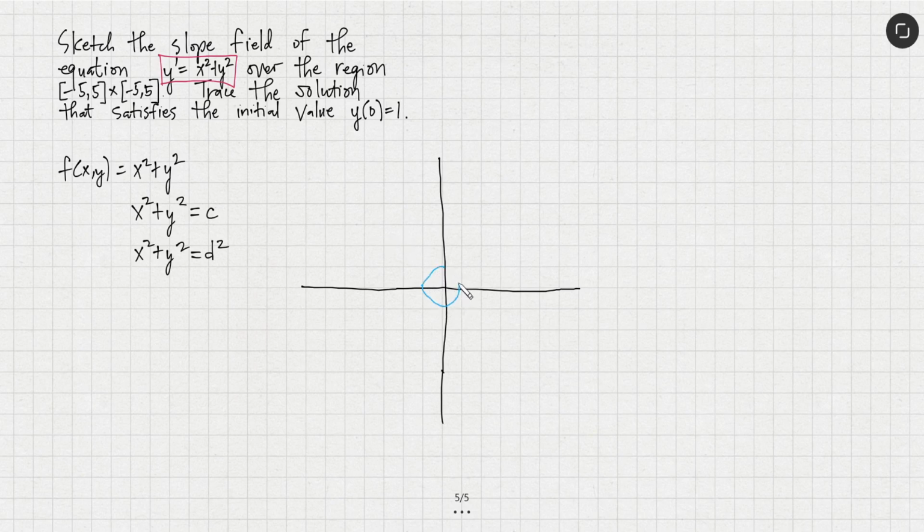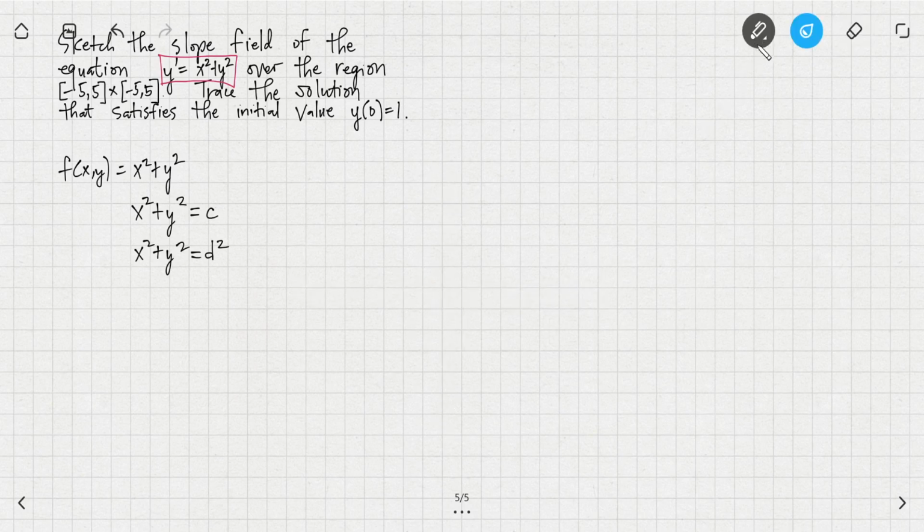Medyo mahirap mag-drawing gamit itong pen tablet na meron ako. Okay. This is the circle of radius 1. Actually, hindi ko rin gusto itong axis ko dahil hindi siya straight. Ulitin natin. Okay, so dito na lang.